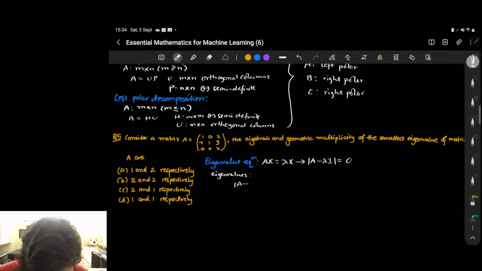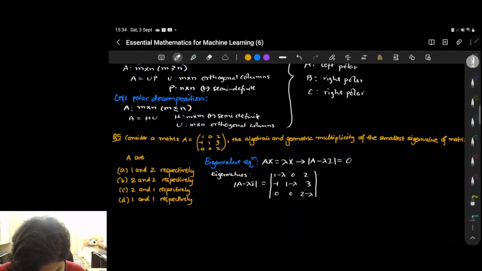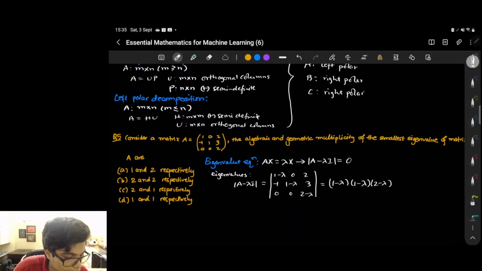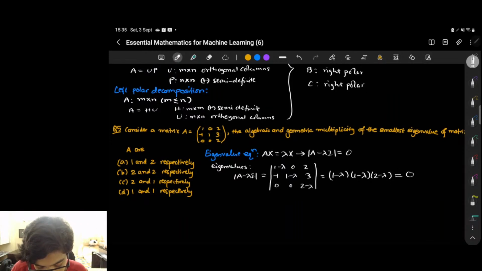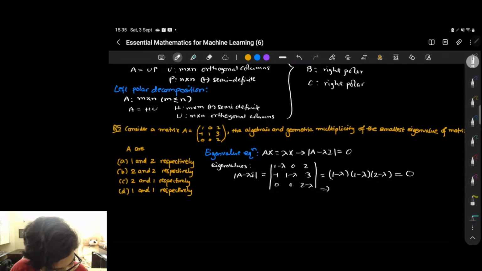Determinant of A minus lambda I is equal to 1 minus lambda, 0, 2, negative 1, 1 minus lambda, 3, 0, 0, 2 minus lambda. So this determinant, if you write it down, expanding along the first row, gives the equation, and this gives me that eigenvalues are 1, 1, 2.